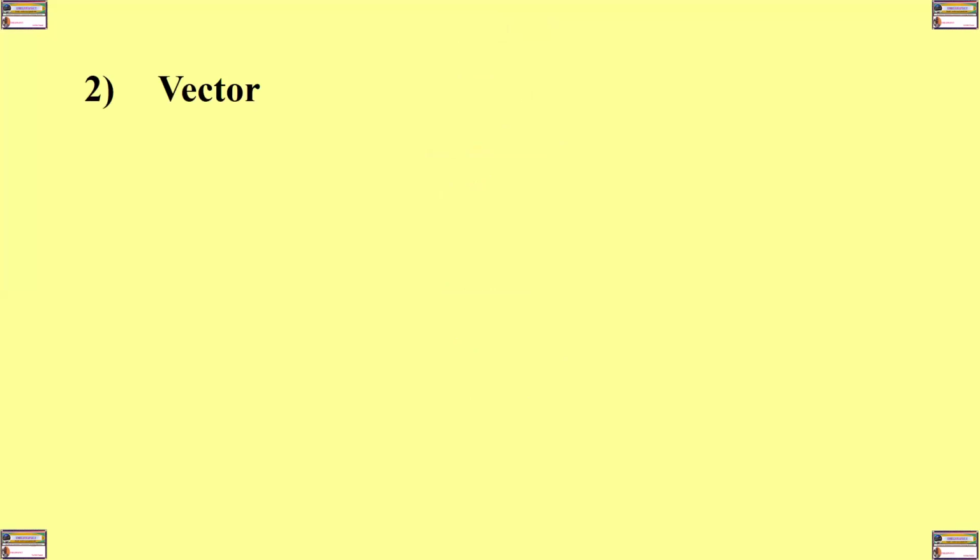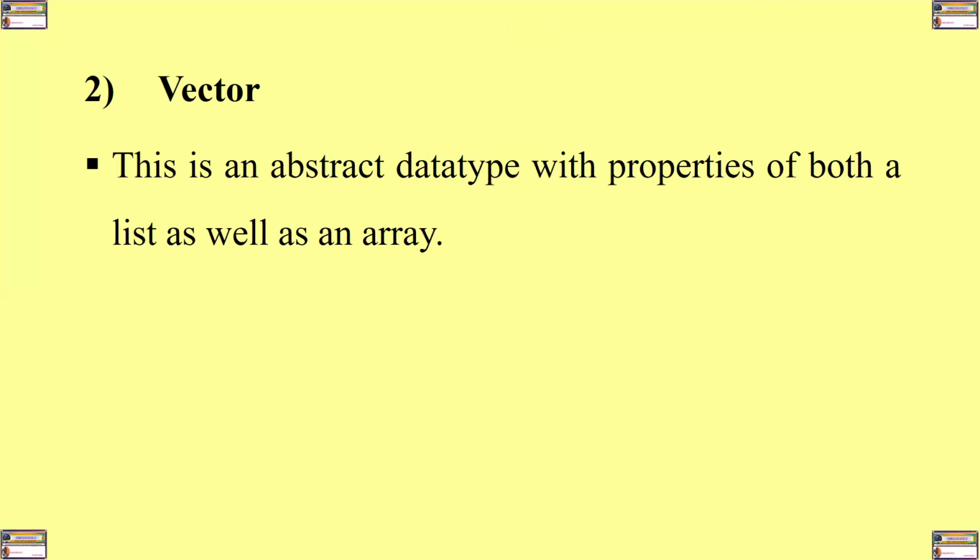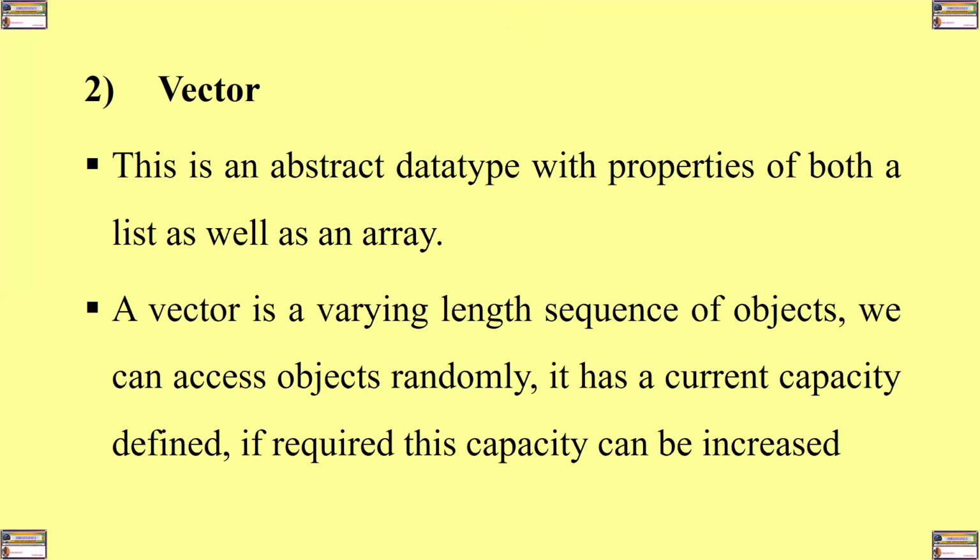The second is what we call vector. This is an abstract data type with the properties of both a list as well as an array. A vector is a varying length sequence of objects that we can access randomly.